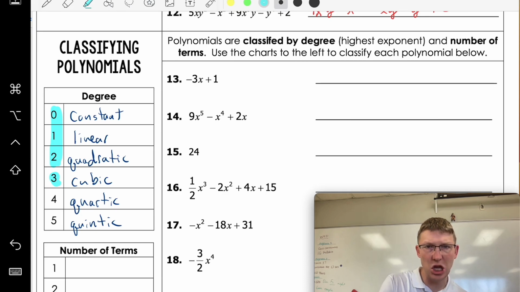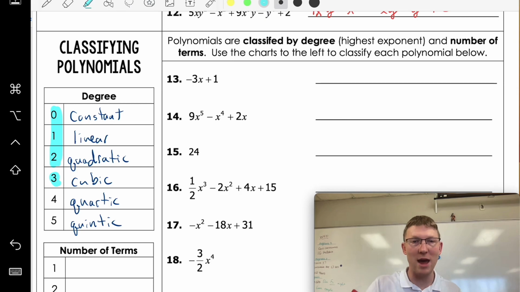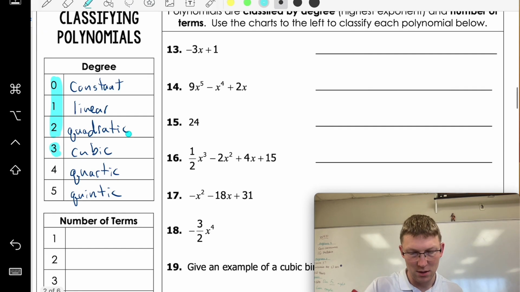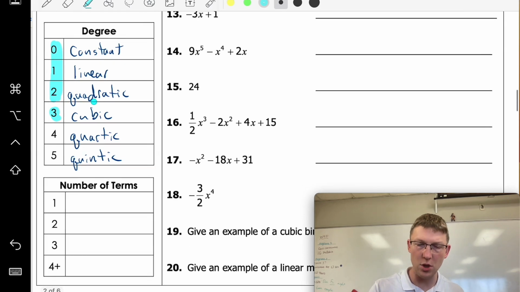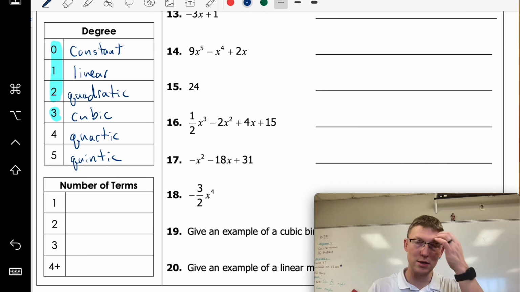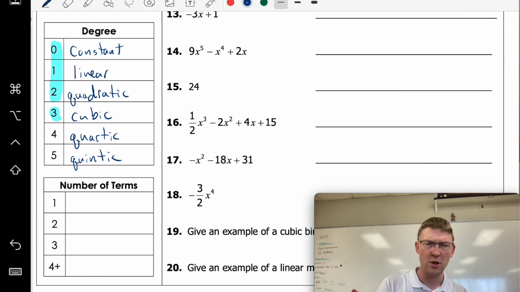You'll hear me say cubic a lot, but these are the 3 that you need to know, just so that you can have a conversation with another math person and not sound like an idiot. But these are the constant, linear, and quadratic. Those are the words that you really should know what they mean. Also, we have different vocabulary to tell you how many terms there are. So we've used the term monomial.